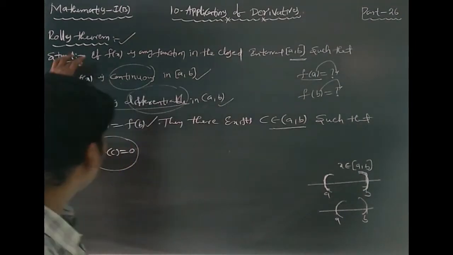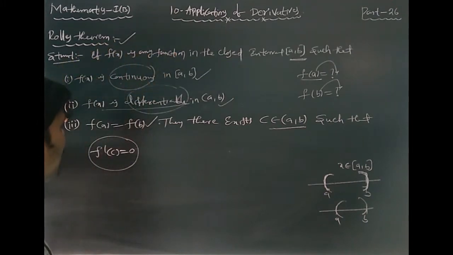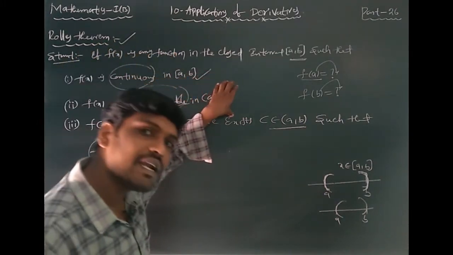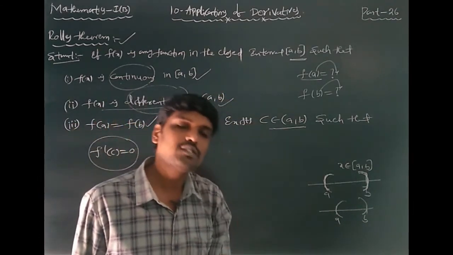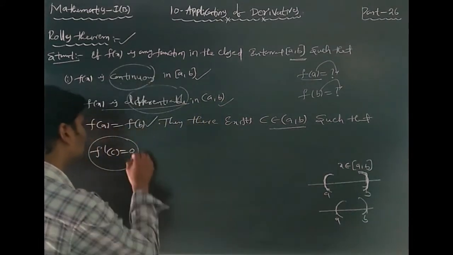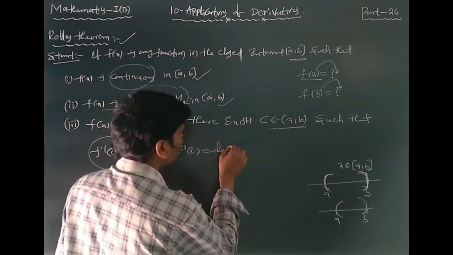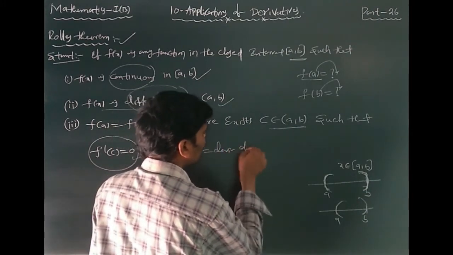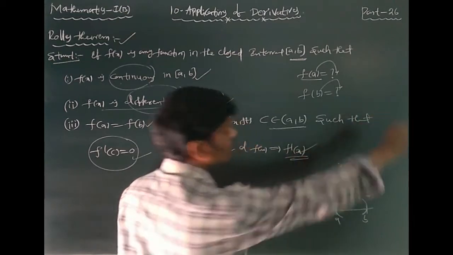Here, f of x is continuous in the closed interval a comma b, f of x is differentiable in the open interval a comma b, then f of a equals f of b is also possible, then f dash of c equals 0 is also possible. f dash of c is nothing but the derivative of f of x, and you substitute c in place of x.